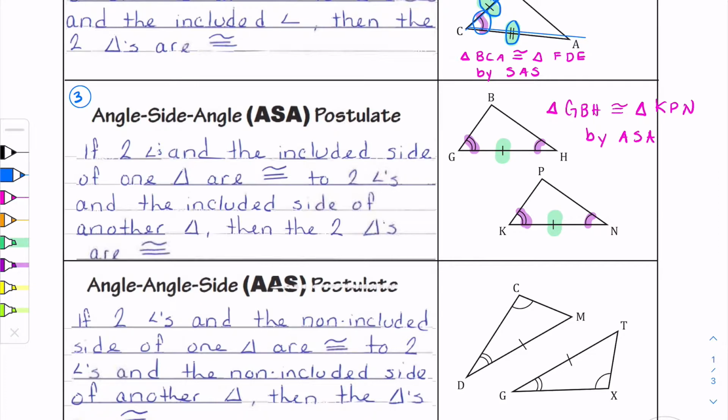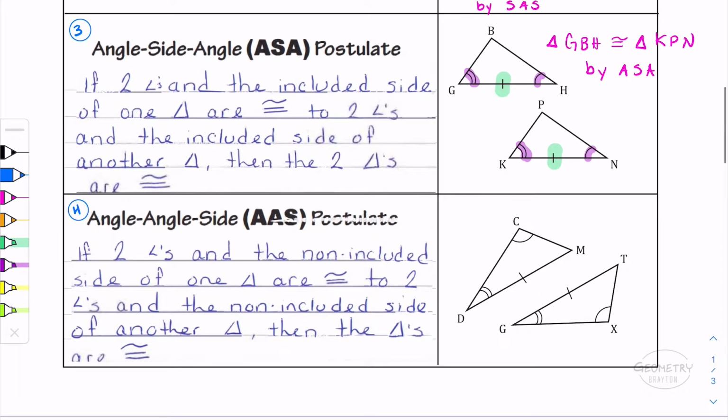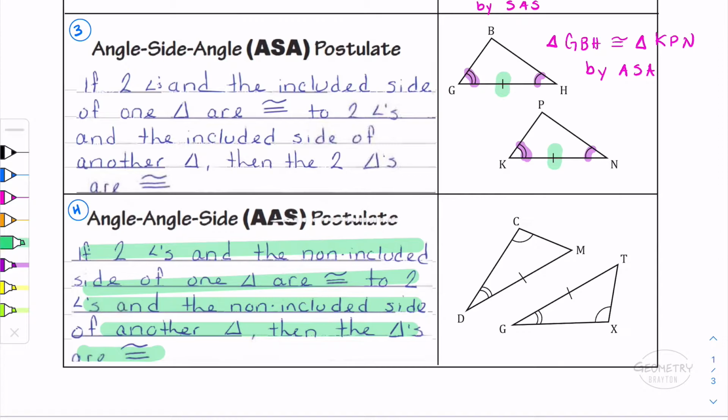And the last and final postulate, so of these 4, we have the angle angle side postulate, abbreviated as AAS. And this says if 2 angles and the non-included side of one triangle are congruent to 2 angles and the non-included side of another triangle, then the triangles are congruent. If we look at our diagram, we have an angle congruent to another angle.